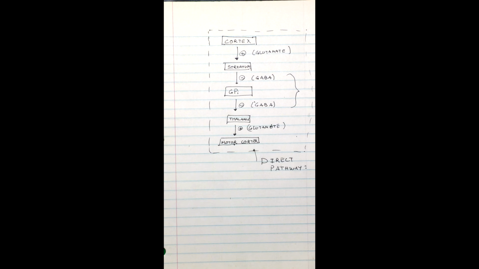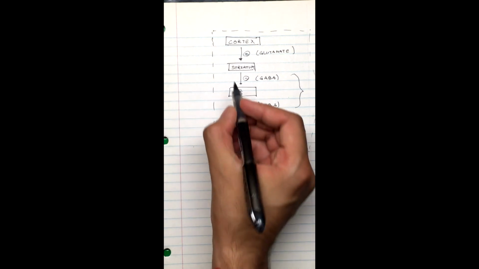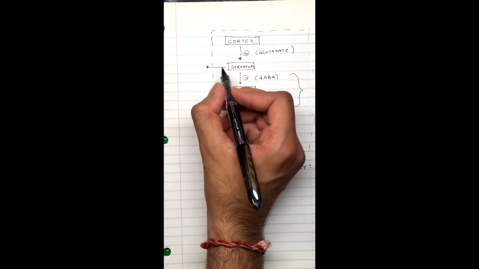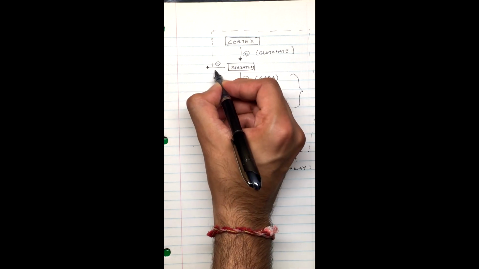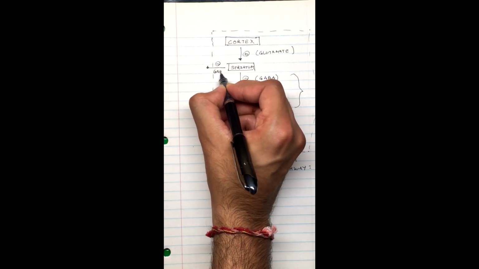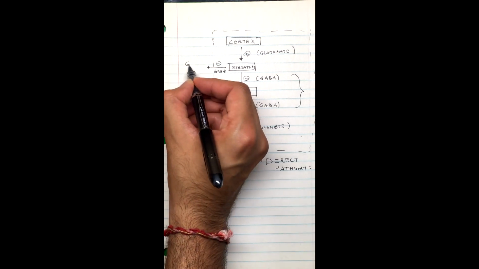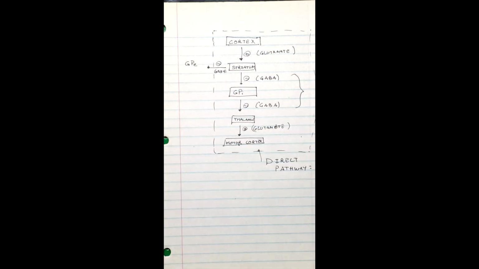But now this is where the other parts of the basal ganglia come into play. From there, the striatum is actually going to inhibit, so I'll just say minus. So this is going to be GABA. It's going to inhibit the Globus Pallidus external segment.